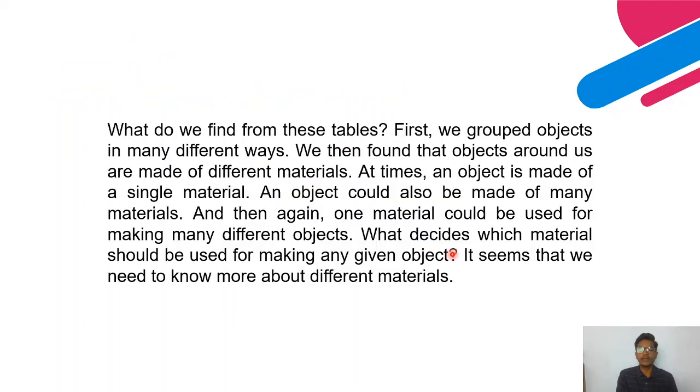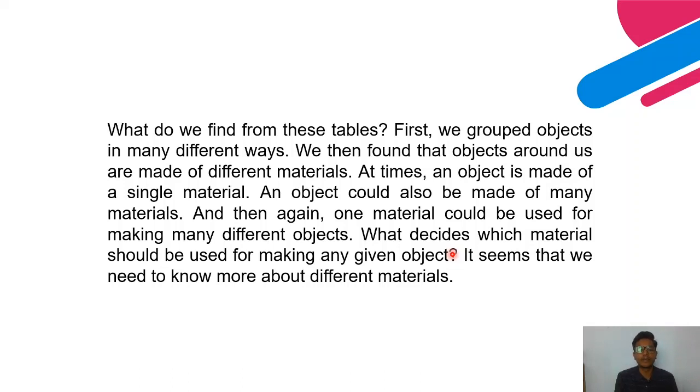What do we find from this table? First, we grouped objects in many different ways. We then found that objects around us are made up of different materials. Yes, first we gathered them, then we found that they are made up of different materials. At times, an object is made up of a single material. An object could also be made up of many materials.